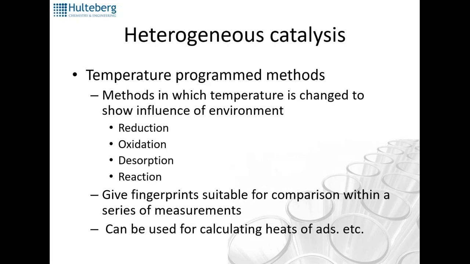And it gives you a fingerprint, and it's a suitable thing to compare between a series of catalysts, but you can also use it for at least understanding what materials are, for instance, reducing at certain temperatures by looking into literature. You can also use it to calculate heats of adsorption and things like that.